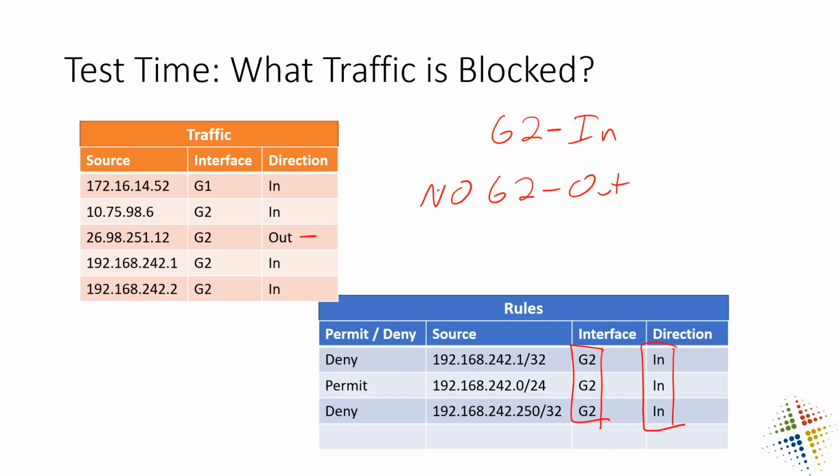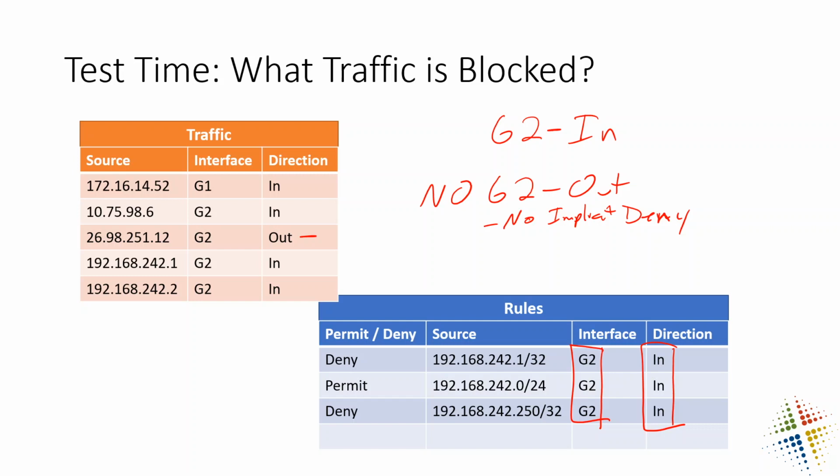Since we have no G2 out rule, there's no access list for it. Therefore, there is no implicit deny. Traffic is allowed, because we don't have a rule for it.